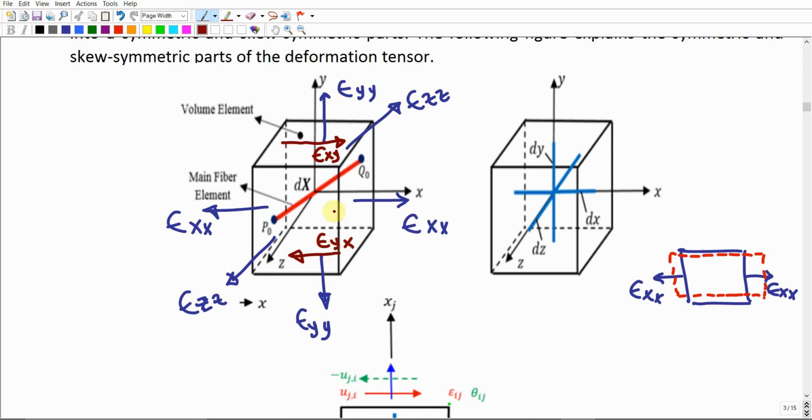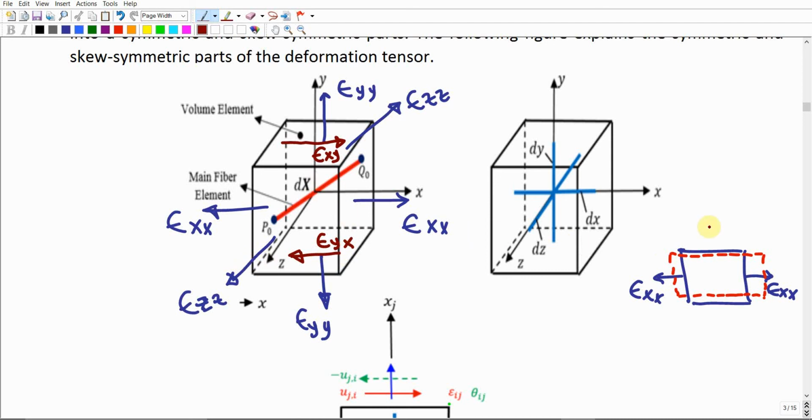You should understand that epsilon yx and epsilon xy are identical, the same value, they are equivalent. This is in case we have a positive one, pushing the top surface in the positive x direction, perpendicular to y, and epsilon yx perpendicular to y, pushing in the opposite direction of negative x.